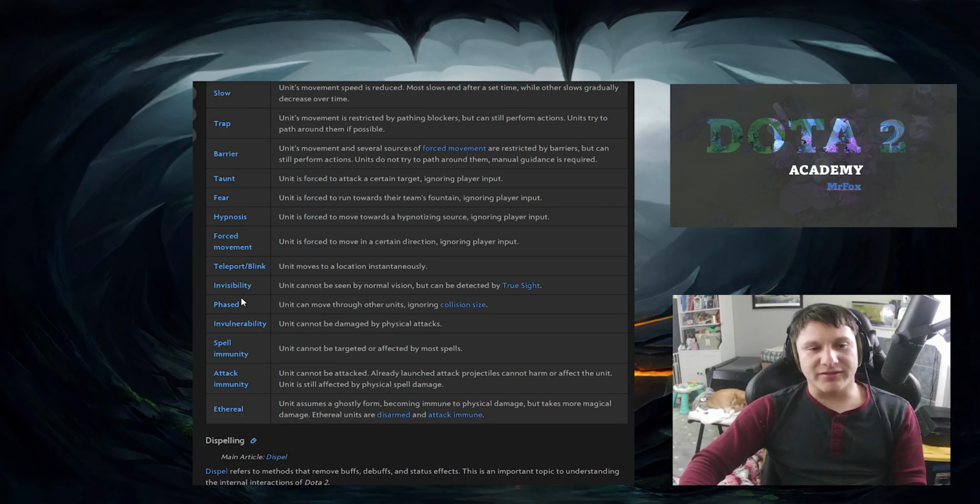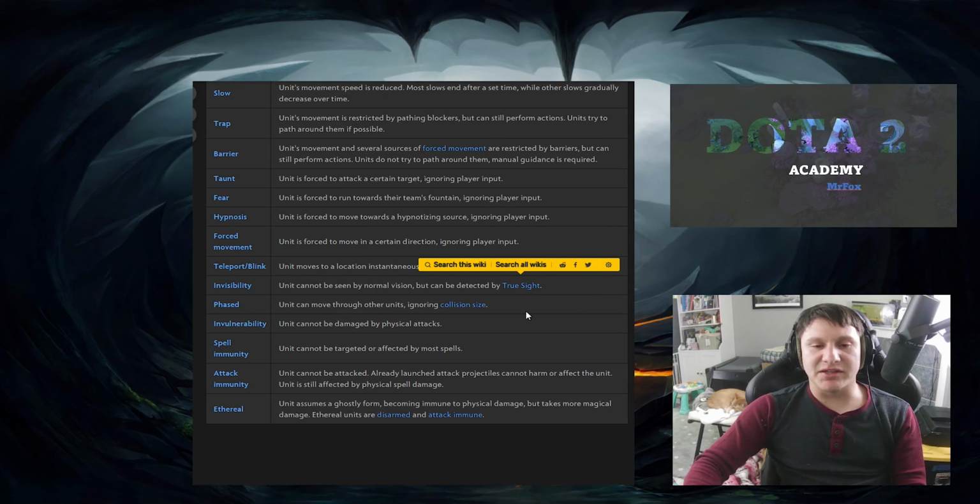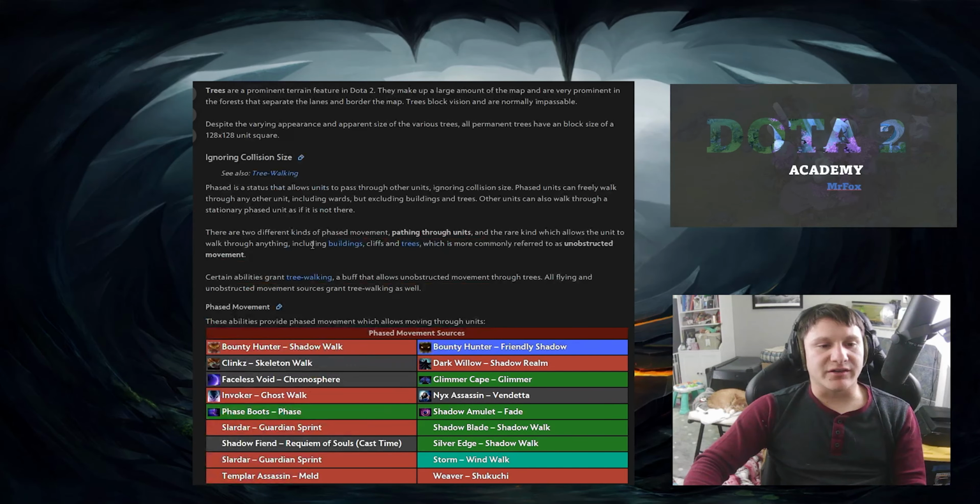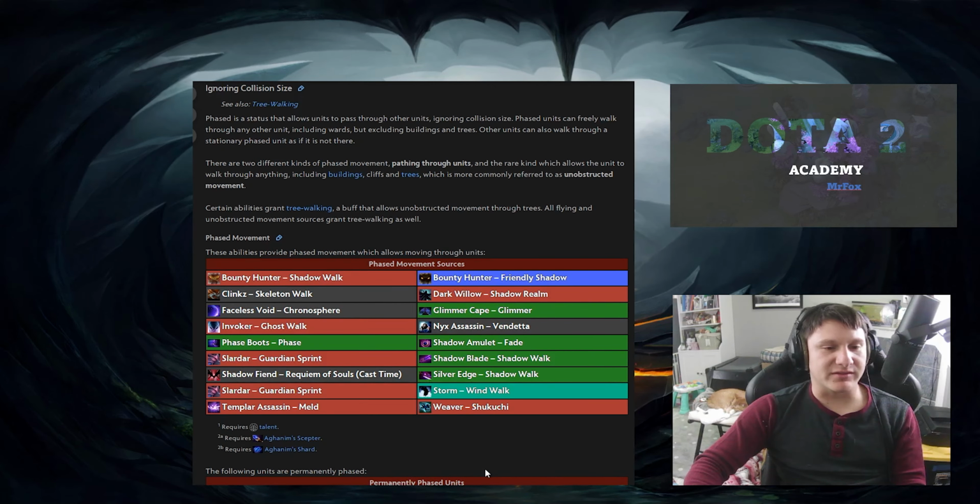Duh. All right. Invisibility, unit cannot be seen by normal vision. This is what we talked about in Basics 101, where you have to have true sight, and that's what it says here. It must be detected by true sight. Phase. Unit can move through other units, ignoring collision size. The biggest one of these is going to be Phase Boots. I'm curious if it shows any other. Oh, okay. A lot of the ones that you're invisible for, which makes sense.